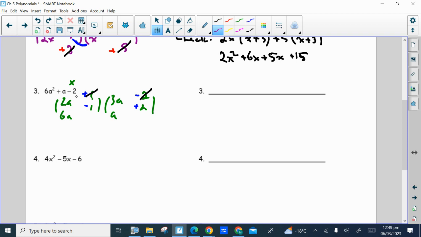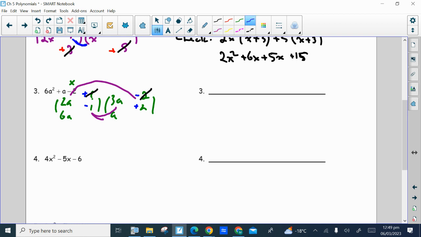So now let's check if it is 2a times +2 and -1 times +3a. 2a times 2 is 4a, -1 times 3a is -3a, 4a take away 3a does equal +1a.